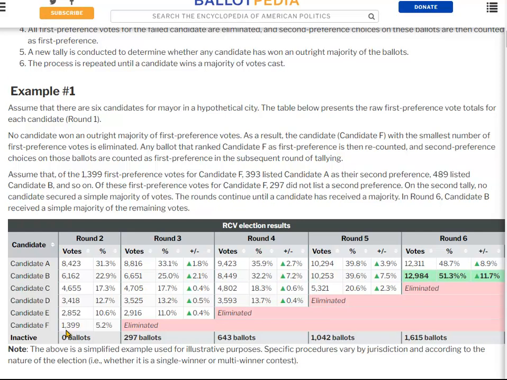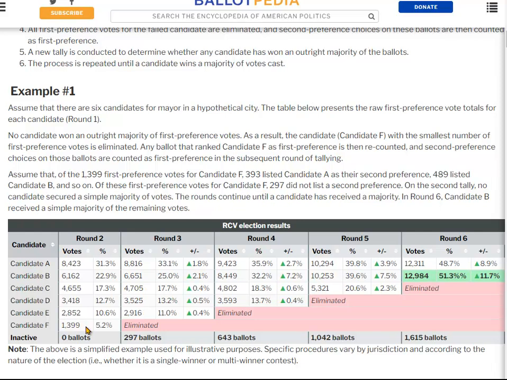So what happens next is candidate F, which has the smallest number of votes, is being eliminated. So the 1,399 votes are now going to go to all the other 5 candidates, unless there is some invalid one in there for the next one.